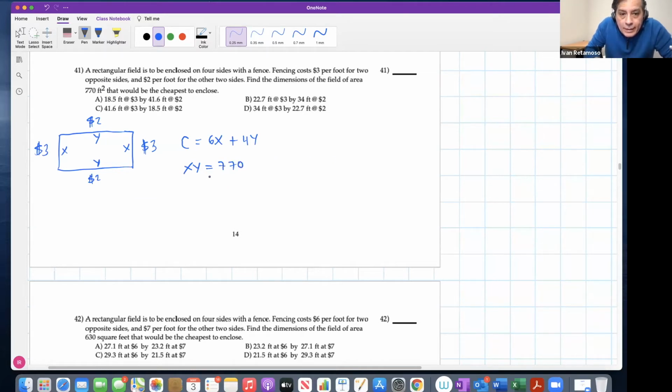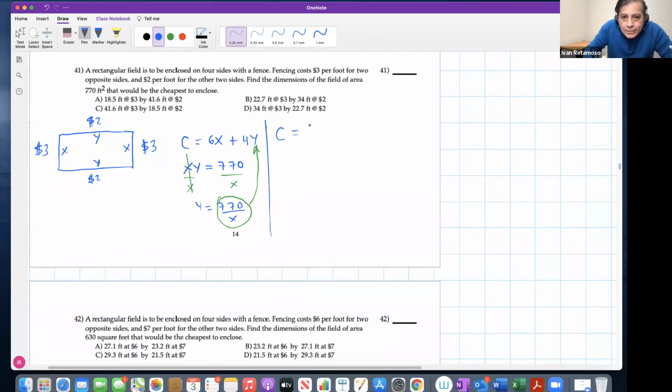From this constraint, if we isolate our Y, Y will be equal to 770 over X. This is Y in terms of X. And then we just take this and substitute it in here, so that we will have our cost function in terms of just one variable X.